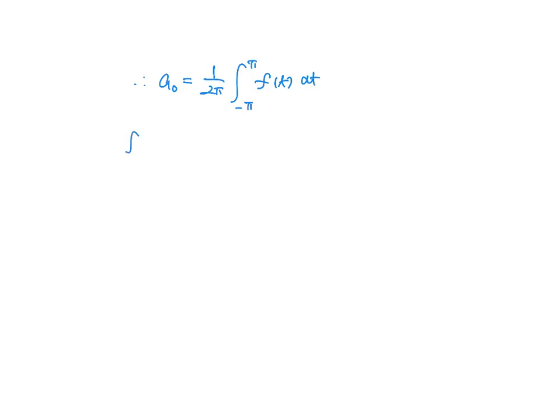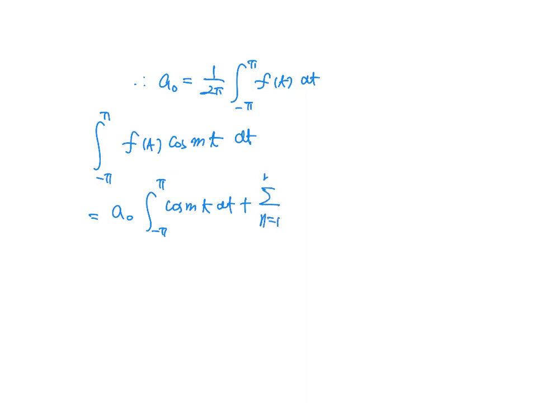How about if we multiply f(t) by cosine mt, and then you integrate from minus pi to pi dt. Then this is again a0 times the integral from minus pi to pi of cosine mt dt, plus the sum from n equal to 1 to infinity of an times the integral of cosine nt cosine mt dt, plus bn times the integral of sine nt cosine mt dt.